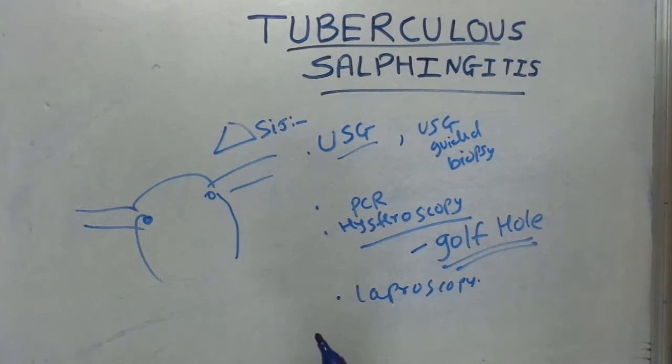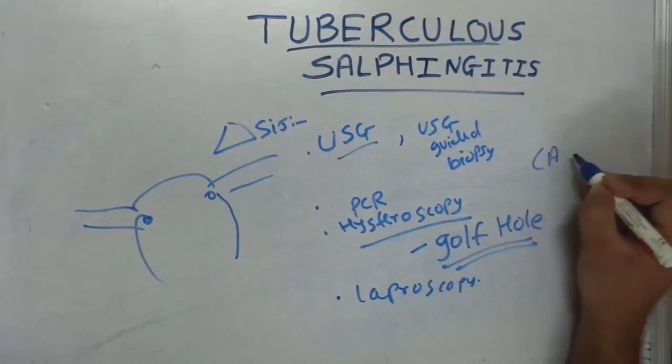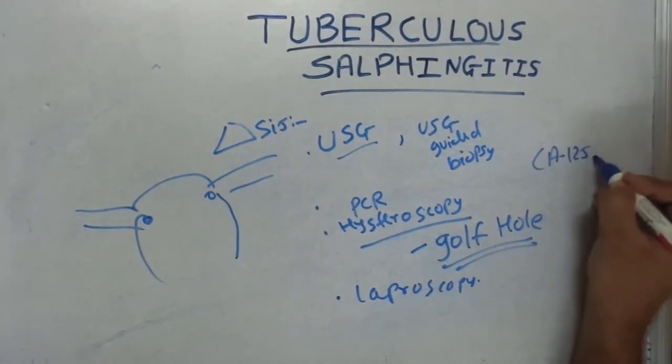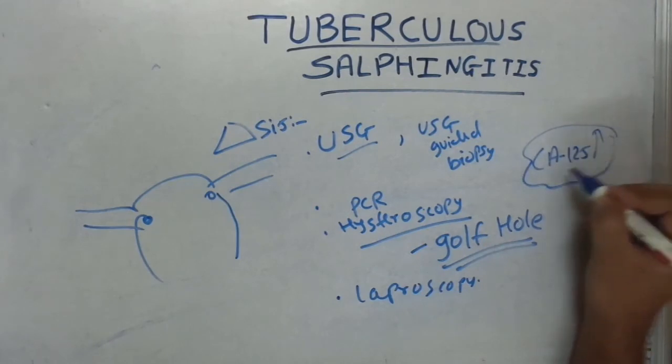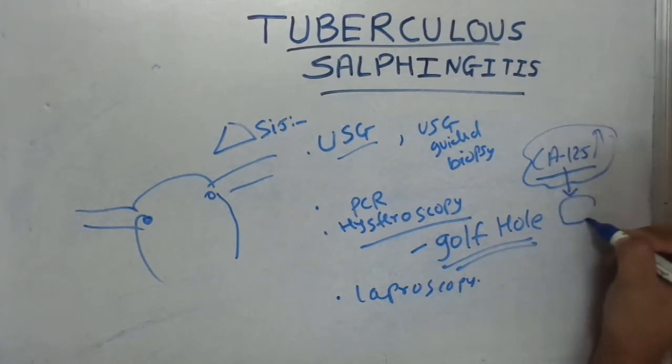One thing to be noted is that in tuberculous salpingitis, the marker CA125 can be elevated, and this is significant because CA125 is also elevated in ovarian cancers.